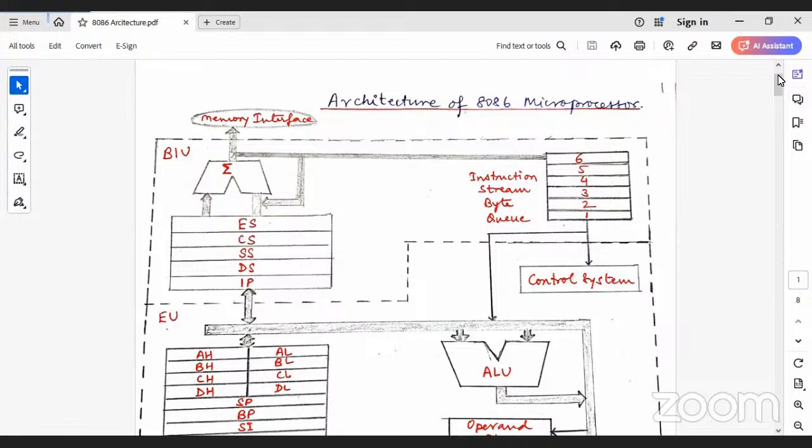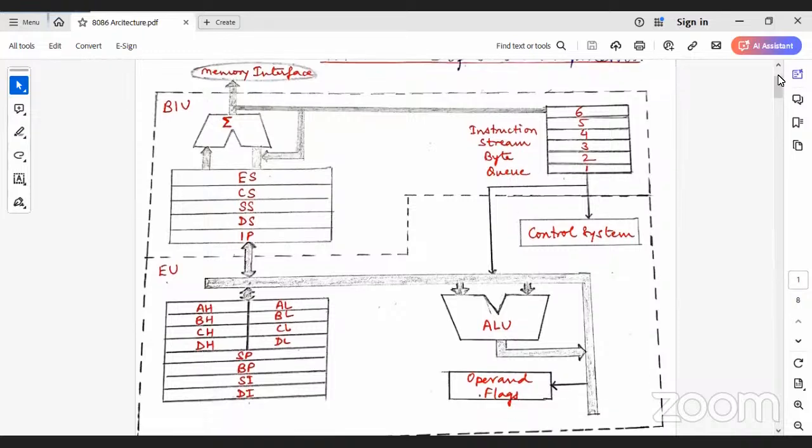So there are 4 different segments in this case. And then you will also have IP, that is the instruction pointer. The instruction pointer will keep track of the next byte in the program, just as your program counter used to do in your 8085 processor.